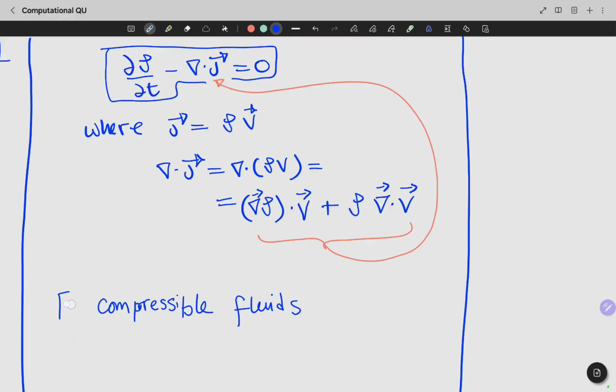But for incompressible fluids, density is constant.